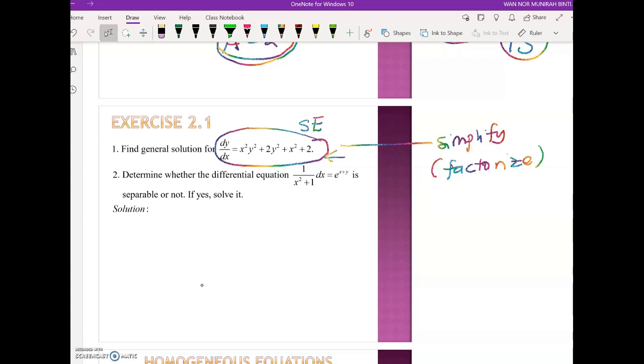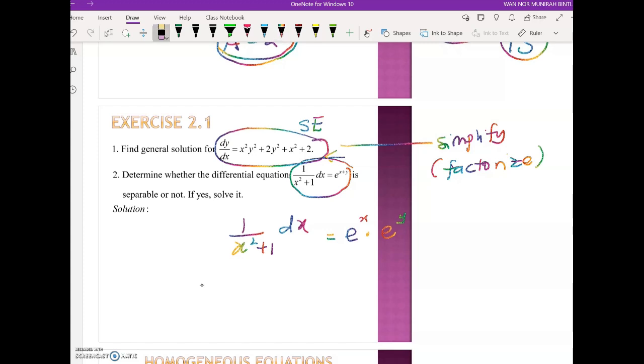Then you can get the general solution. The second equation: you have 1 over x squared plus 1 dx equals e to the x plus y, which is e^x times e^y. But this one is dy/dx.